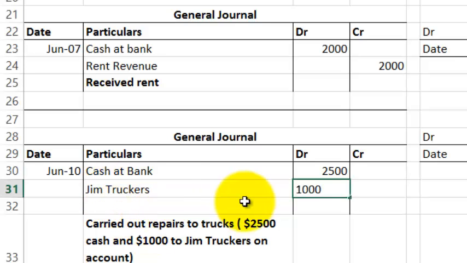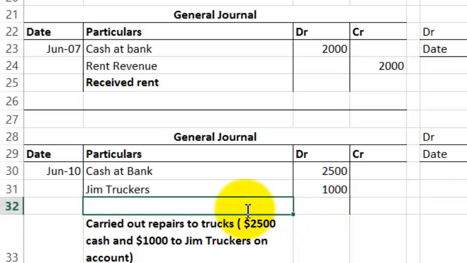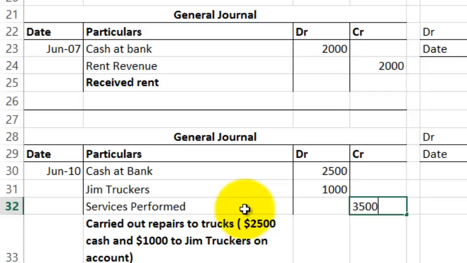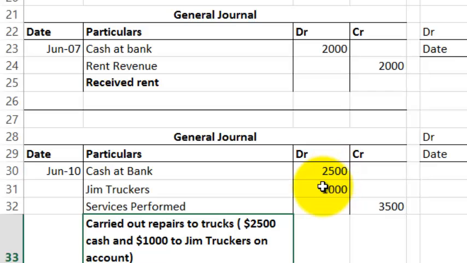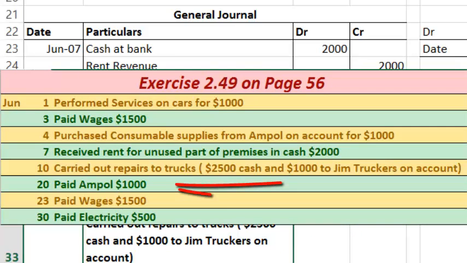So that appears as a debit, as a debtor. He's going to pay us. And the other account, we completed some work, so that is a revenue for $3,500. So that's a bit more of a complicated transaction, but let's just check a few things. We've got at least one debit, one credit. We've got total amount of debits equaling total amount of credits, so that's all okay. Let's go on to the next one.